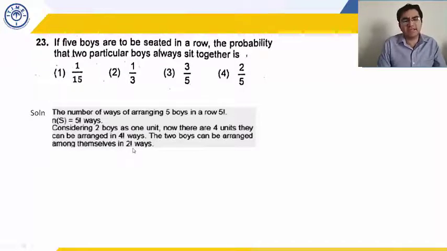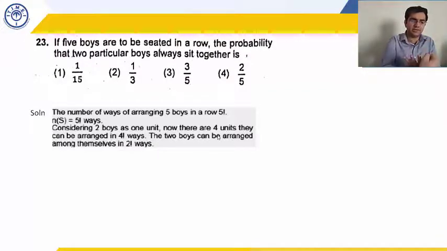We've discussed something like this in PNC. Whenever you want to keep things together, you treat them as one unit. So now you get a total of 4 units, these 3 units and this one unit. This one unit could be here or here or here.